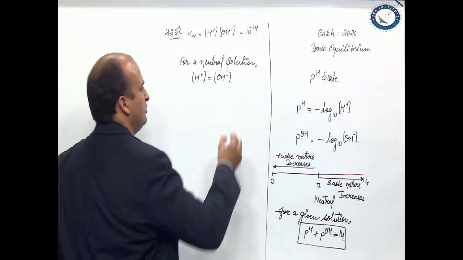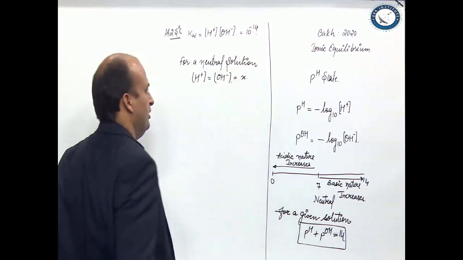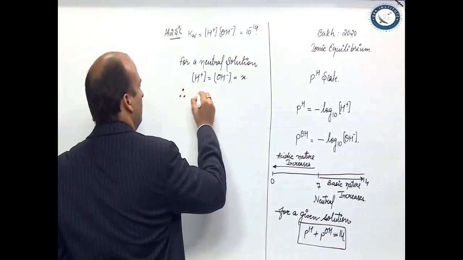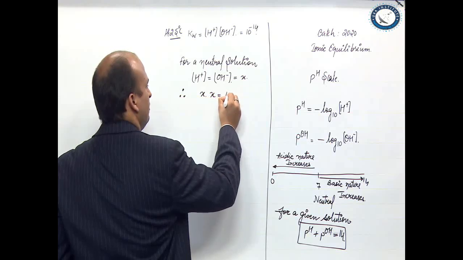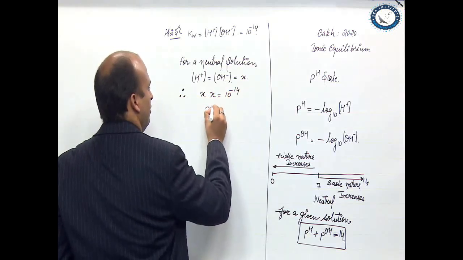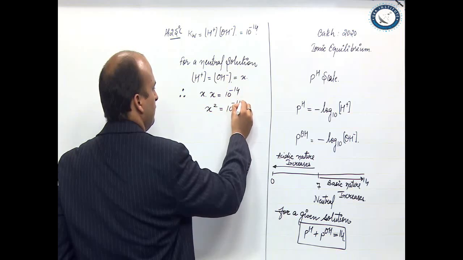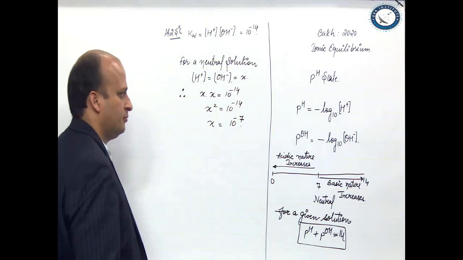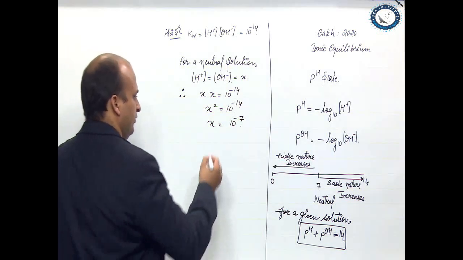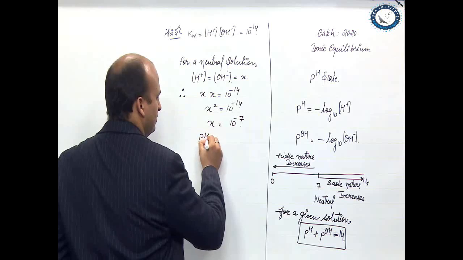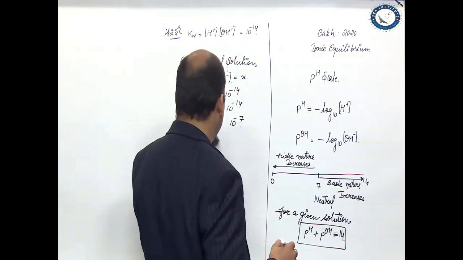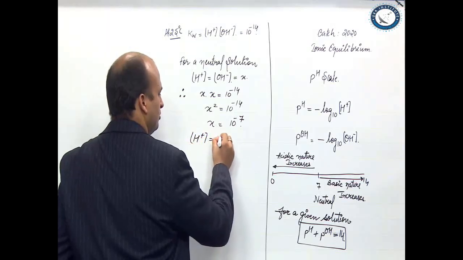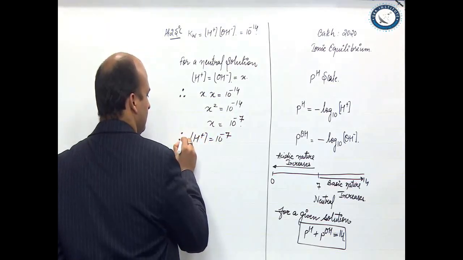Let us say the value is X. Therefore, X into X is equal to 10 raised to power minus 14, or X square is equal to 10 raised to power minus 14. Thus, X comes out to be 10 raised to power minus 7. So, the H plus concentration is equal to 10 raised to power minus 7.